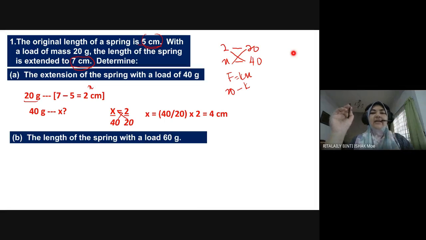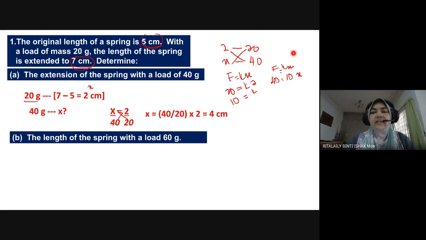So X is 2. So K equals to 10. Okay, so now we use K 10. We substitute into this formula. F now is 40, with the K value we already calculated as 10. So X is 4. Okay, so there are two methods.